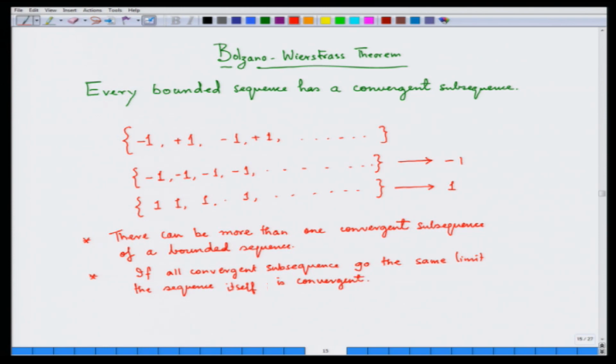So, this is a very fundamental fact, and it will be good that when you look at the Bolzano-Weierstrass theorem, you just keep in mind this fact.